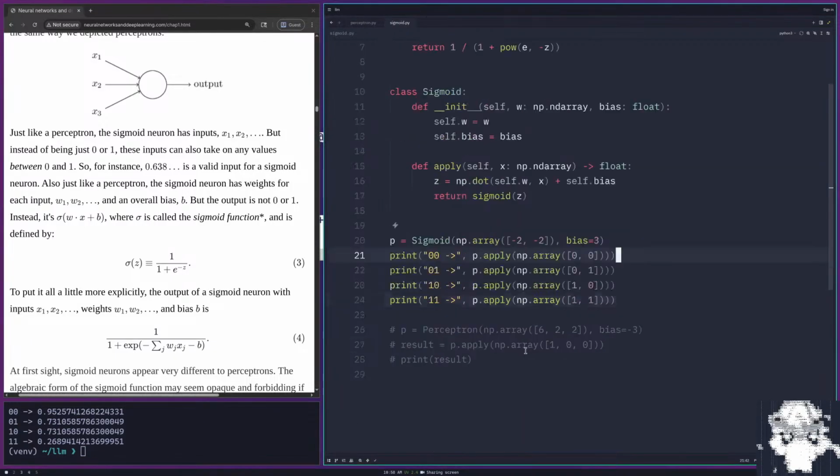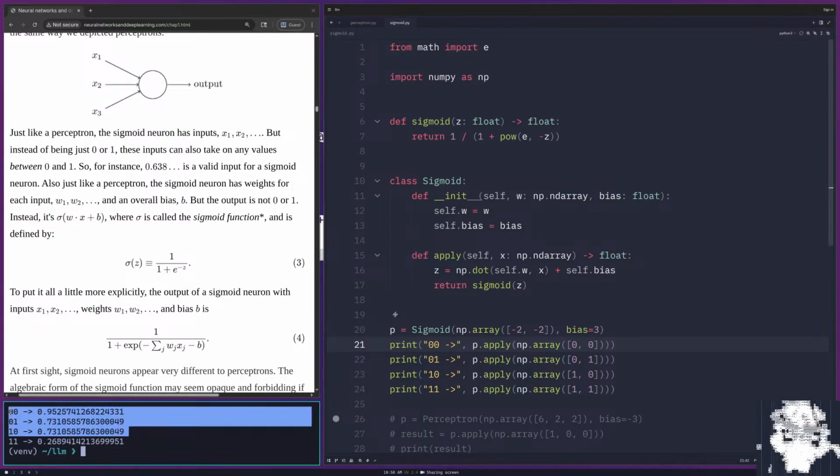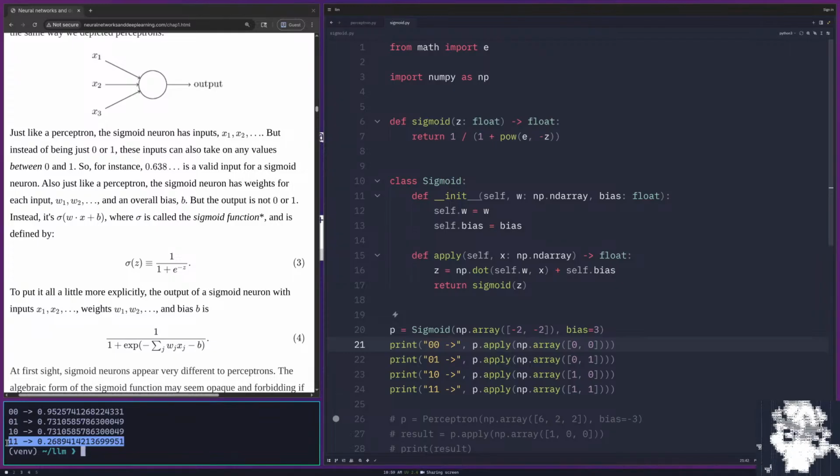So this same circuit as a perceptron, the same weights and biases and inputs in a perceptron would have said true, true, true, false. So the ones that are above 0.5, it looks like, perceptron would have said those are 1, and the ones that are below 0.5, perceptron would have said those are 0, but the sigmoid is blurrier.